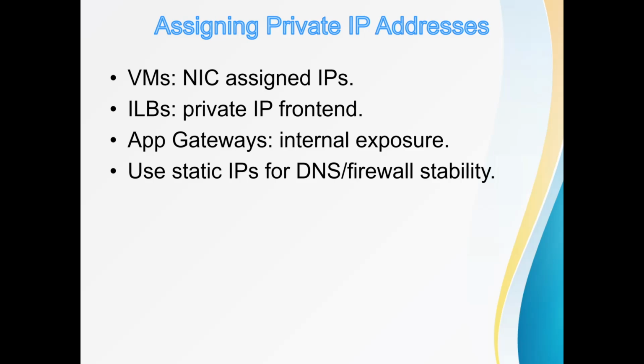We will be using static IPs for DNS and firewall stability. So when we use IP addresses for VMs, internal load balancers, and application gateways, these will be static IPs.